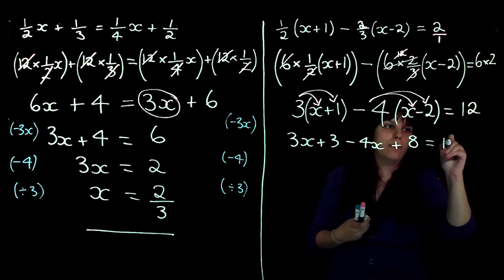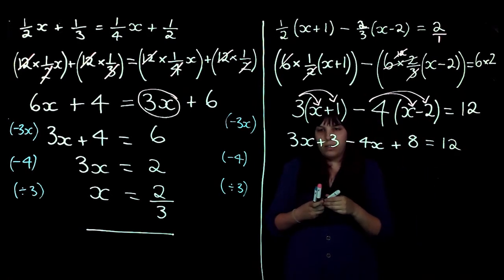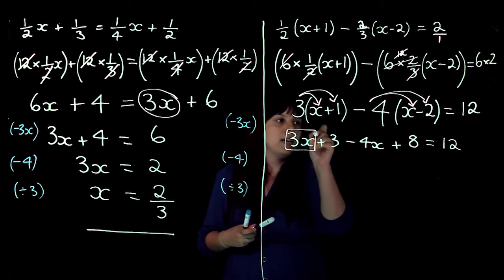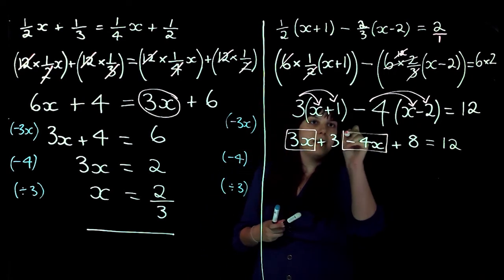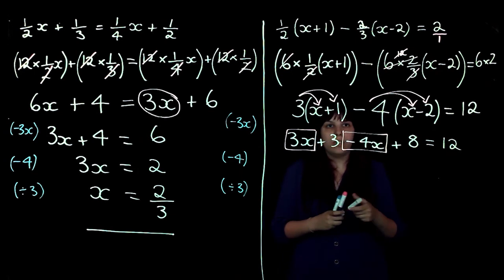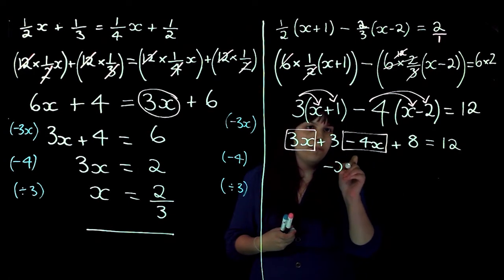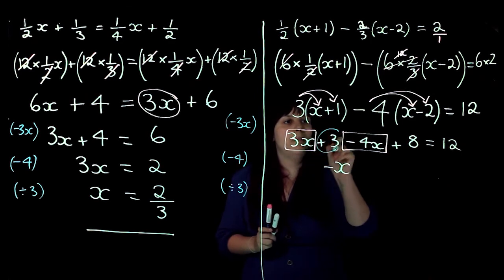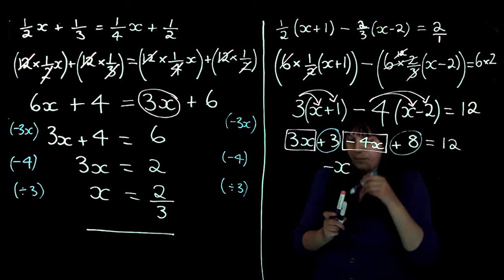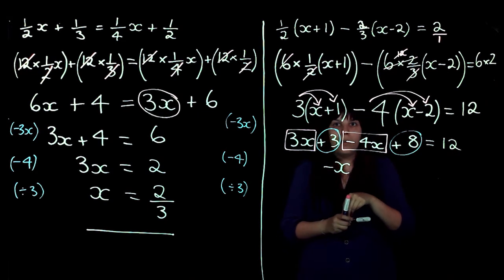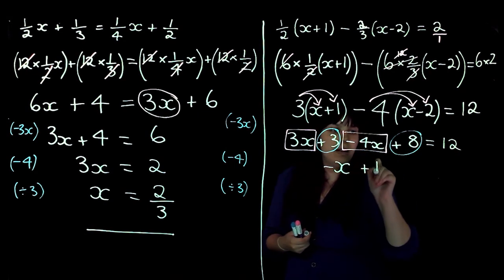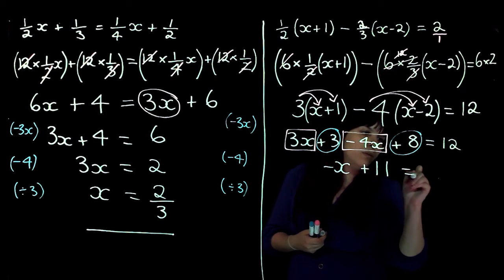And that all equals 12. Now I'm going to collect my like terms. So I've got 3x and minus 4x. So 3x minus 4x is going to be minus x. And then I've got plus 3 and plus 8, which is going to give me plus 11. And that equals 12.